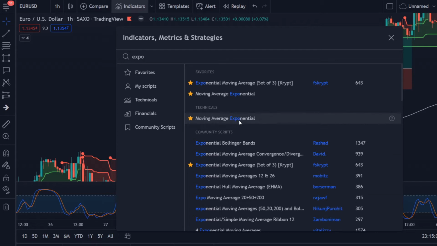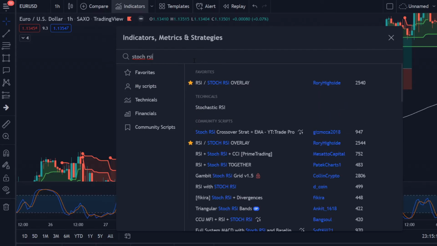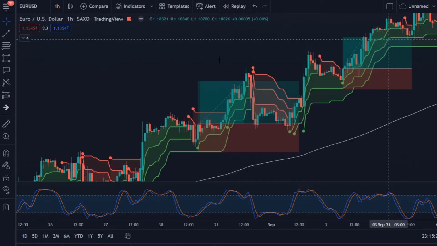We click on that as well. And last but not least, we need the stochastic RSI indicator, which is a combination of the stochastic indicator and the RSI. So we use that one over here. We click on it, and then we see the indicators displayed.